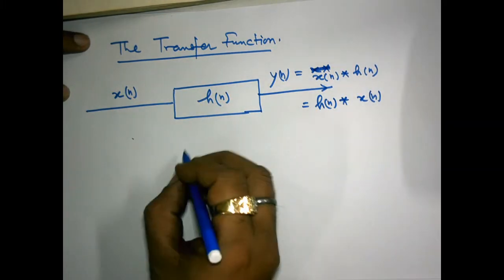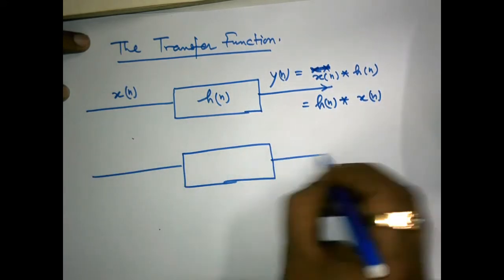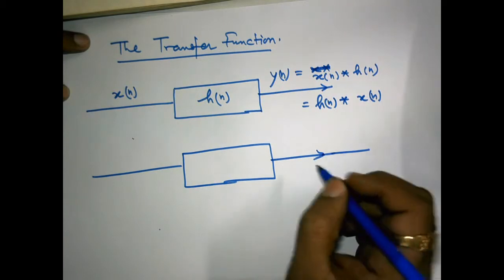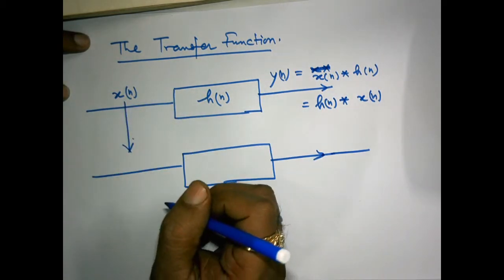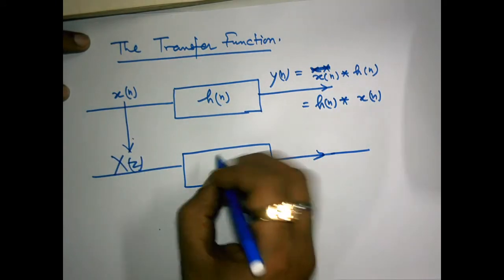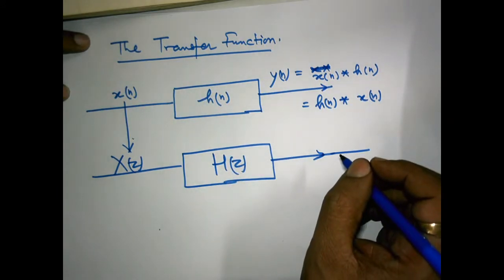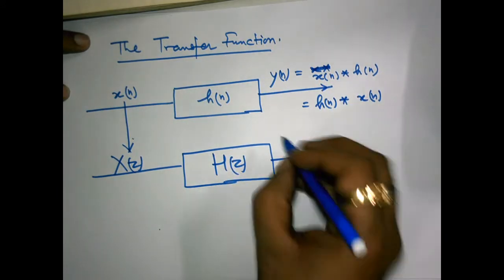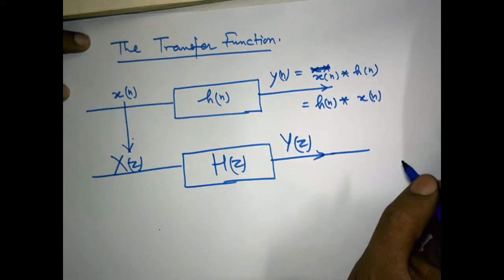Now, if we perform the same action for the same system in the transform domain, the z transformed version of x[n] will be X(z). The z transform of the impulse response is H(z), and the z transform of the output is Y(z).